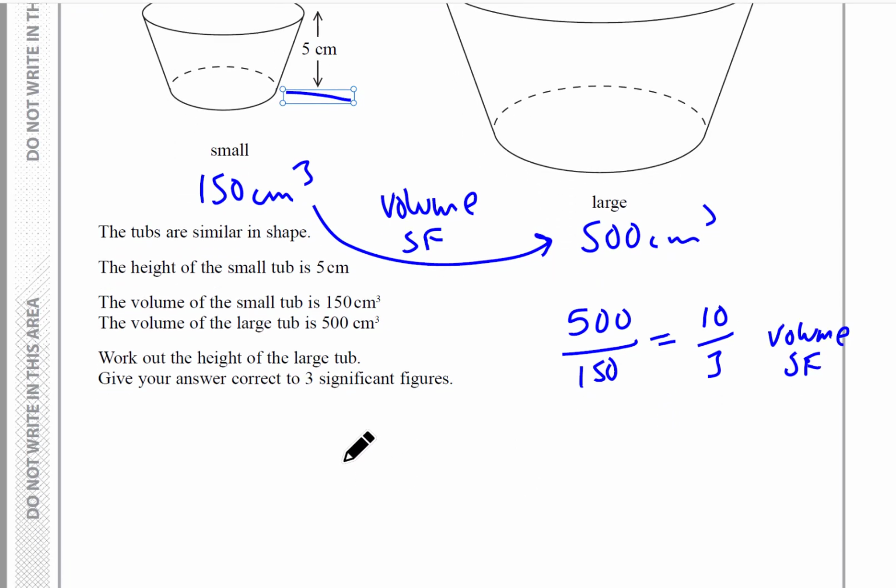Now you need to remember the length scale factor, going from the length scale factor to volume scale factor. So if you're going to here, you cube the answer to find the volume scale factor.